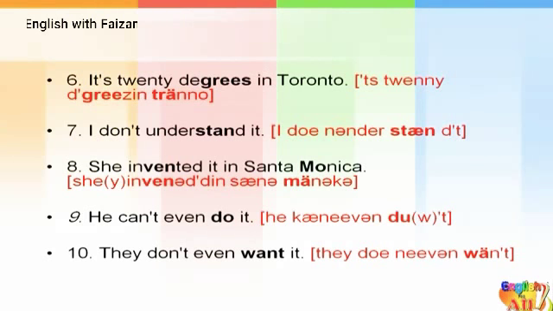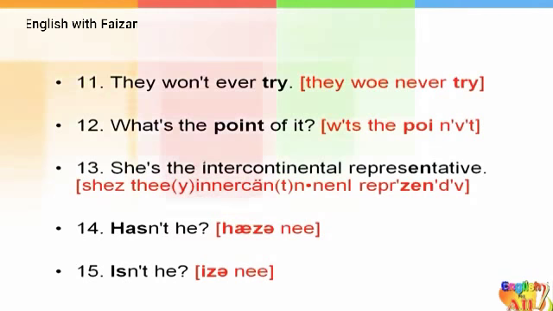9. He can't even do it. 10. They don't even want it. 11. They won't ever try. 12. What's the point of it? 13. She's the Intercontinental representative. 14.